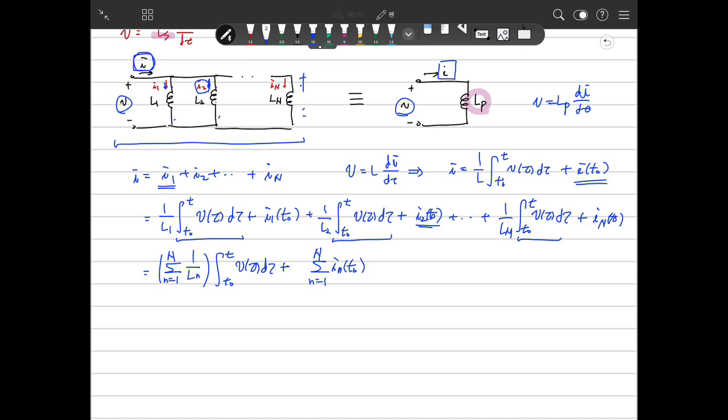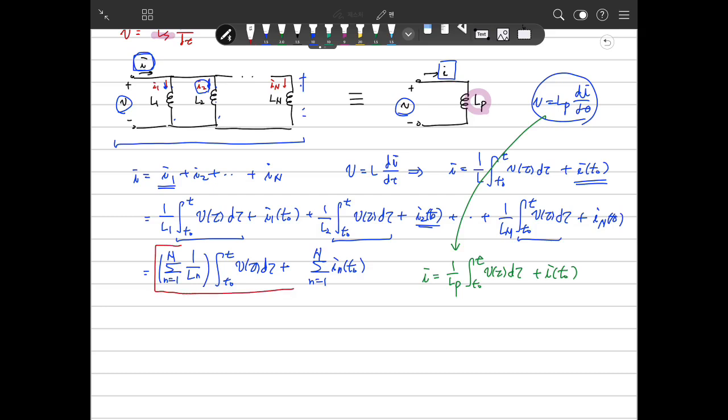Now this is t0, this is t0. That means from here we also have the same equation. How much is it? I will be 1 over Lp integral from t0 to t of V(tau) d tau plus I(t0) here.